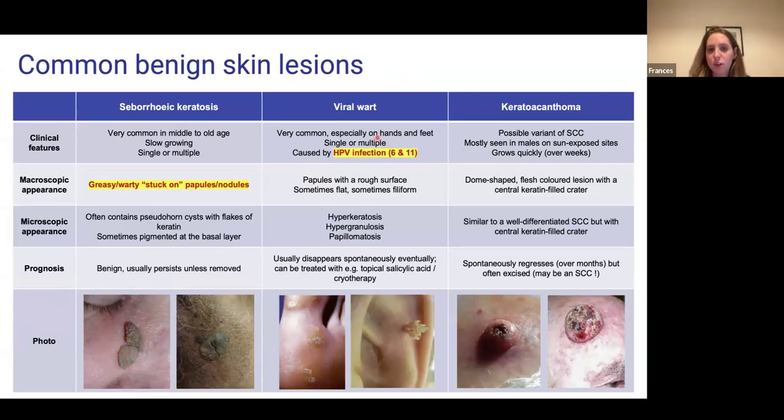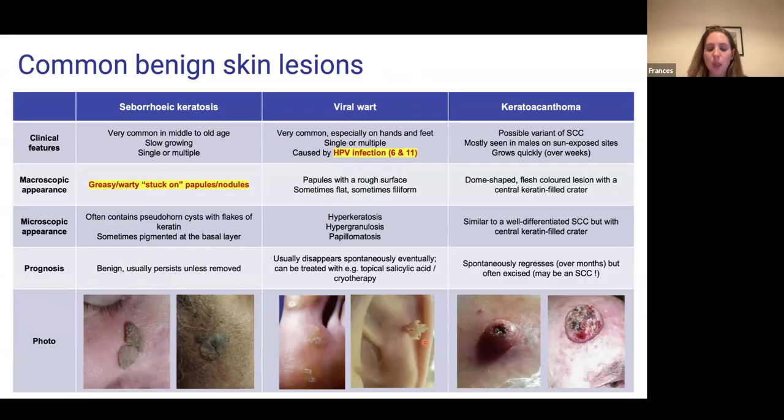Then you have your viral warts. These are very common, especially on hands and feet, typically caused by HPV infection. Remember, these are your low-risk forms of HPV, like 6 and 11. They tend to be papules that have a rough surface. They're sometimes flat and sometimes filiform, which is like this.